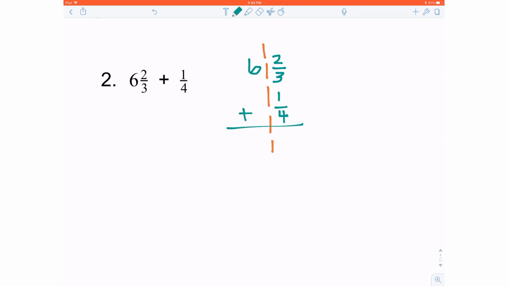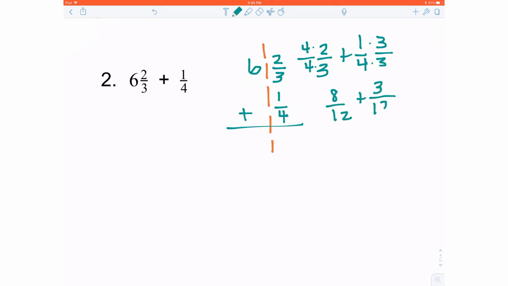I'm going to start with the fraction side, and I'm going to do 2/3 plus 1/4. I'm going to multiply by each other on each side. This becomes 8/12 plus 3/12, and that equals 11/12.